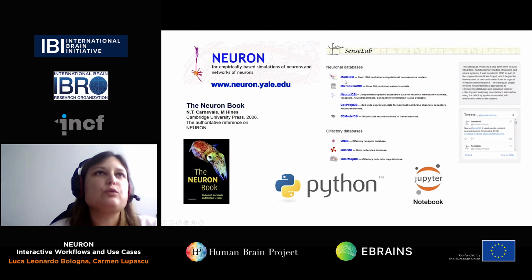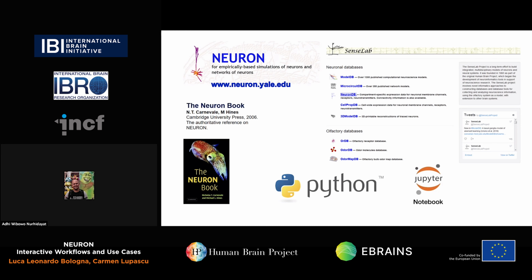Also you can go to ModelDB, where you can run and download already published computational neuroscience models. And NEURON may be used together with Python, and it might be used in Jupyter Notebooks.